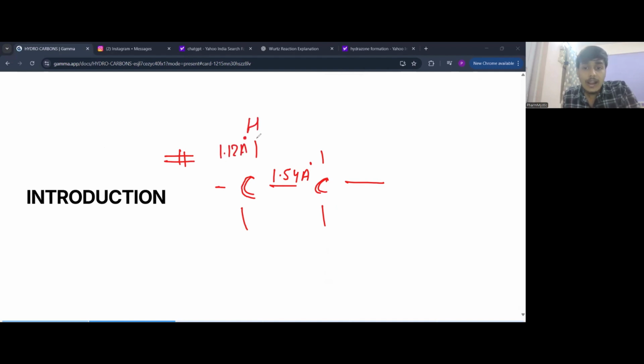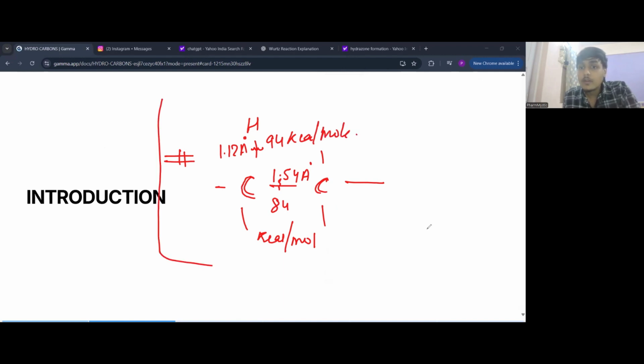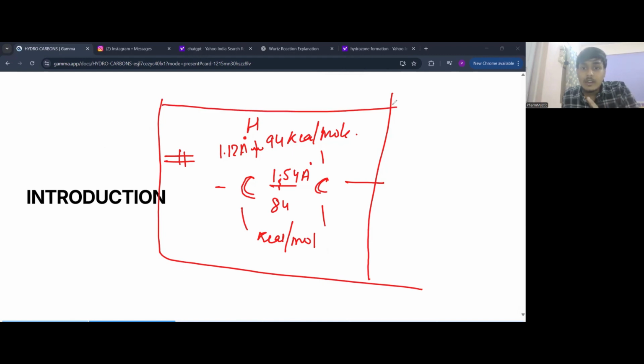The energy required to break this carbon-carbon bond is 84 kcal per mole, and the energy required to break this carbon-hydrogen bond is 94 kcal per mole. Remember this. This is very important from the GPAT and NIPER point of view. Remember the bond lengths, 1.54 angstrom and 1.12 angstrom.